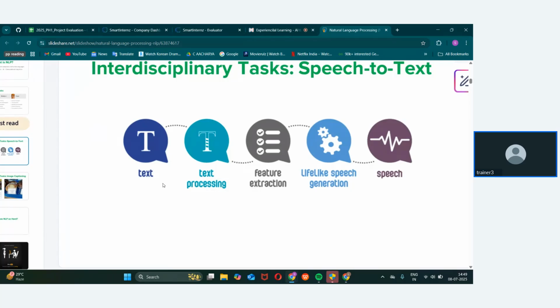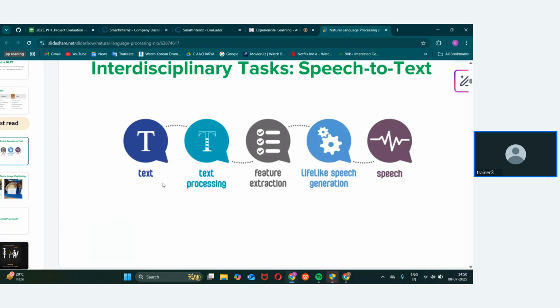Whatever it is, if it is a text, the processing of text happens. The necessary information that has to be grabbed from the text is selected, and the text is processed. And later, what happens? Feature extraction. Some features that are important, or on which the analysis has to be done, are taken.